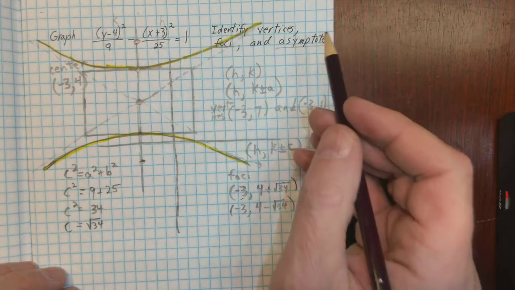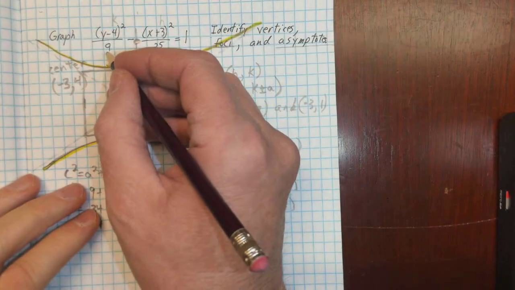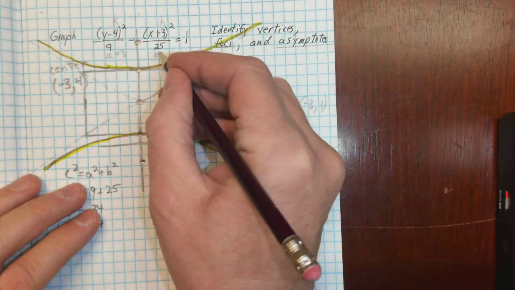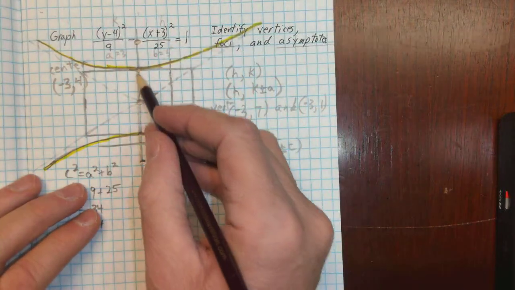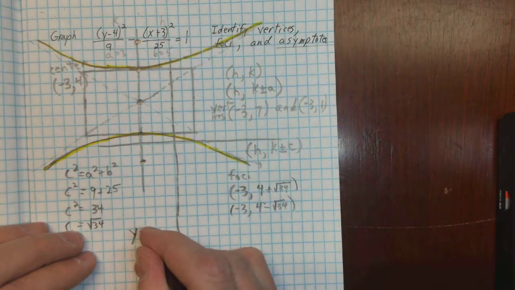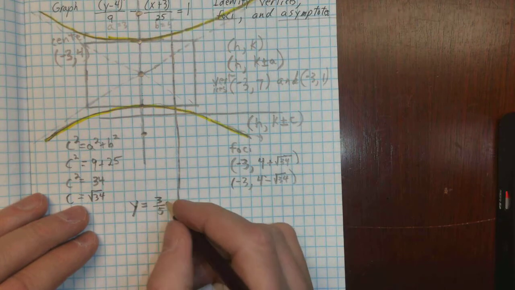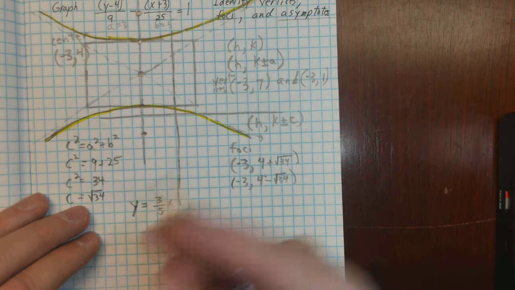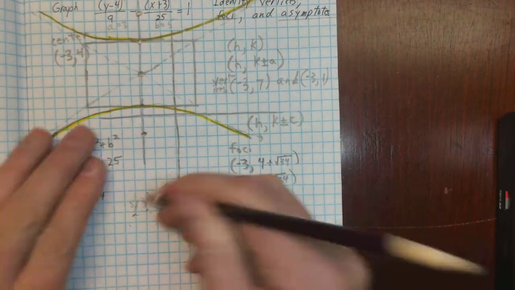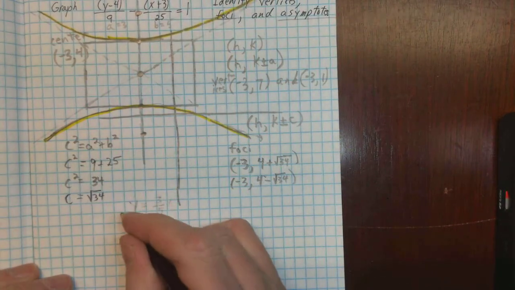Okay, now the asymptotes. a is 3, b is 5. The slope here is up 3 over 5. The slope of this one is 3/5. Now, if it were at the origin, it'd be y equals 3/5 x, but we are translating that. So if you have to find the asymptotes, let's use the translation.